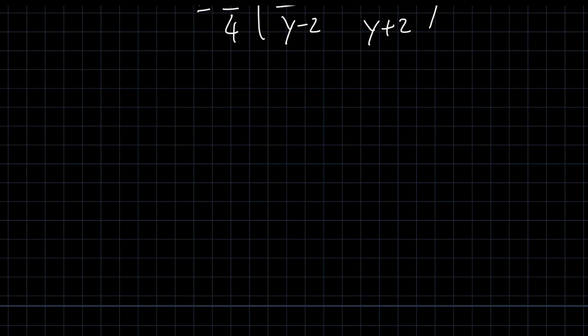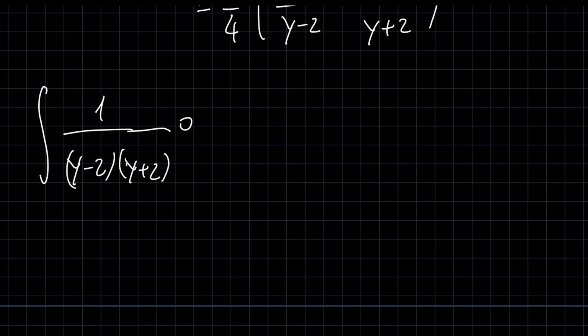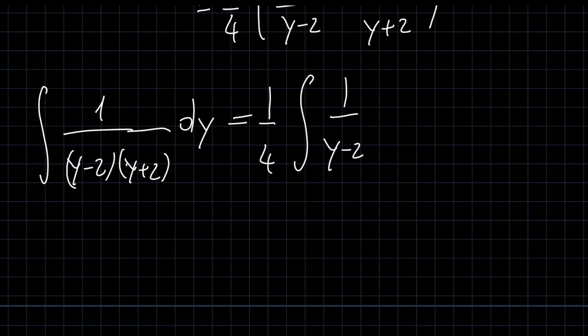So the left-hand side, I have the integral of 1 over (y minus 2) times (y plus 2) dy. This is equal to 1 over 4, the integral of 1 over y minus 2 dy minus 1 over 4, the integral of 1 over y plus 2 dy.